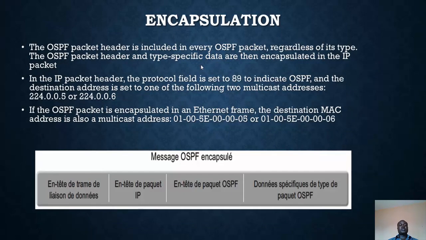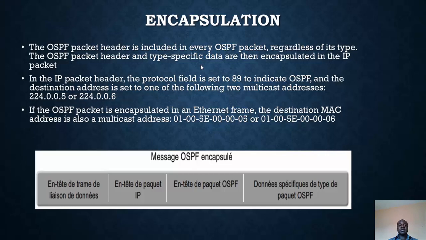Alright, encapsulation. The Open Shortest Path First packet header is included in every packet, regardless of its type. The Open Shortest Path First header and type-specific data are then encapsulated in the IP packet.